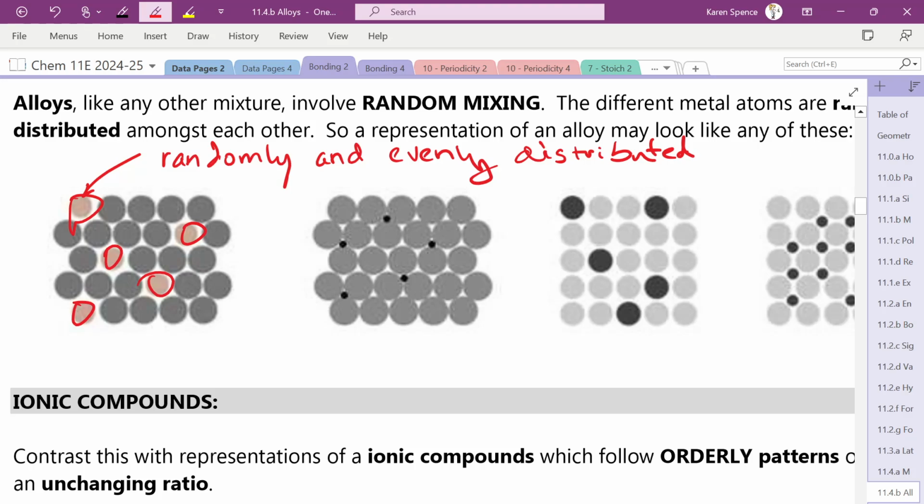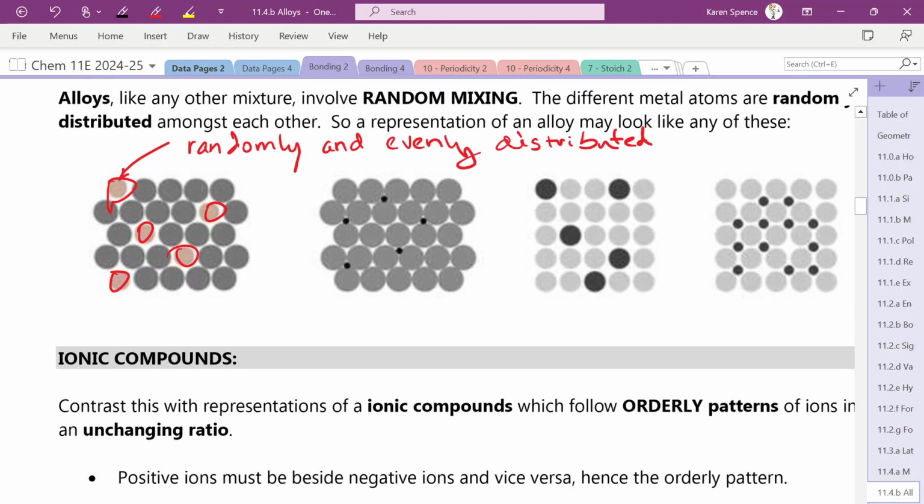If you were to go to a bigger section, it would all look the same. When you focus down small, it looks like it's different in different areas. But if you back out to a much larger perspective, you'll see that on average, it is all the same everywhere, right?